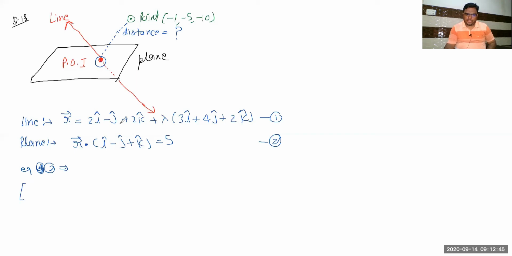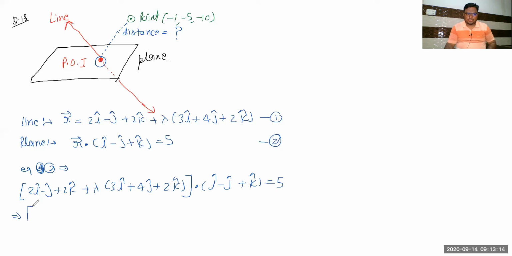In place of r vector, I am copying this whole value, 2i minus j plus 2k plus lambda times 3i plus 4j plus 2k bracket closed dot. So I have put the value of r vector, now dot with i minus j plus k and equal 5.